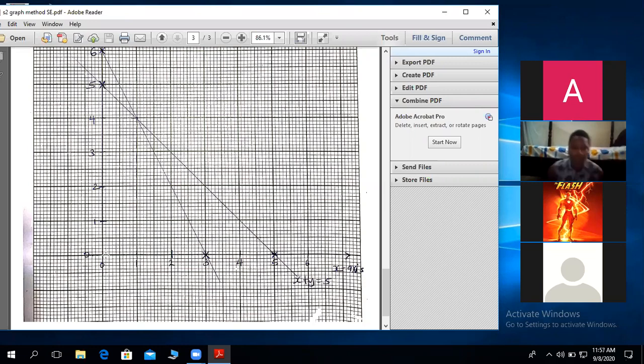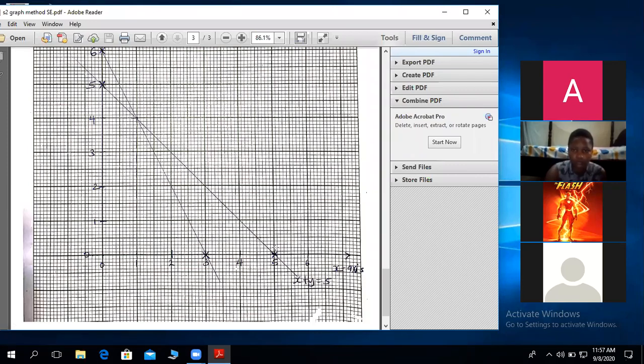So this is 0.1, 0.2, 0.3, 0.4, 0.5 here, halfway, 0.6, 0.7, 0.8, 0.9, 1, 1.1, 1.2, 1.3, 1.4, 1.5, 1.6, 1.7, 1.8, 1.9, 2, 2.1, like that.